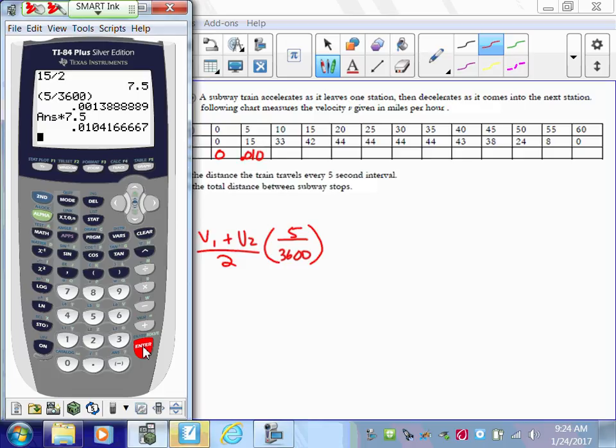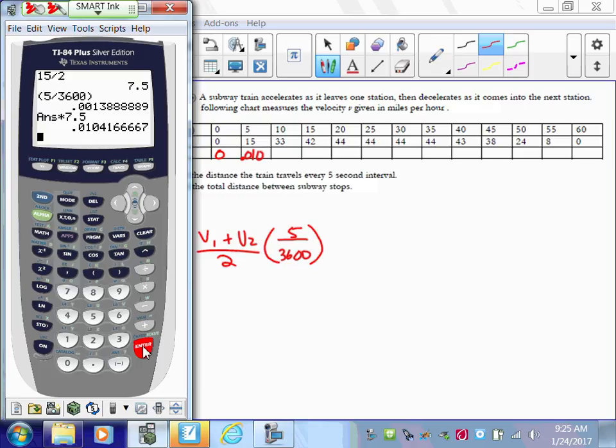So what would the next one be? How would you solve that one? Is it 0.30 or 0.03?